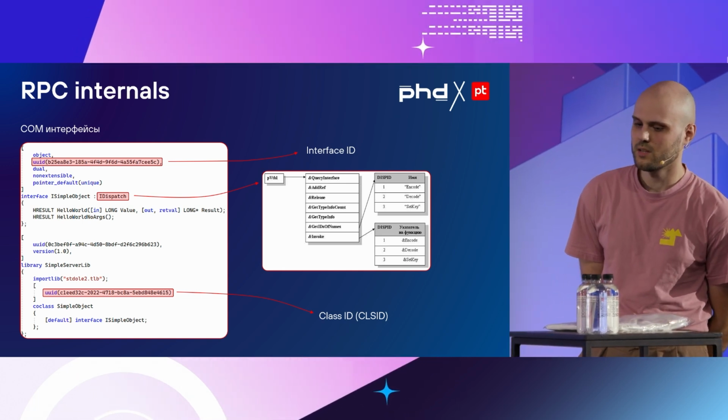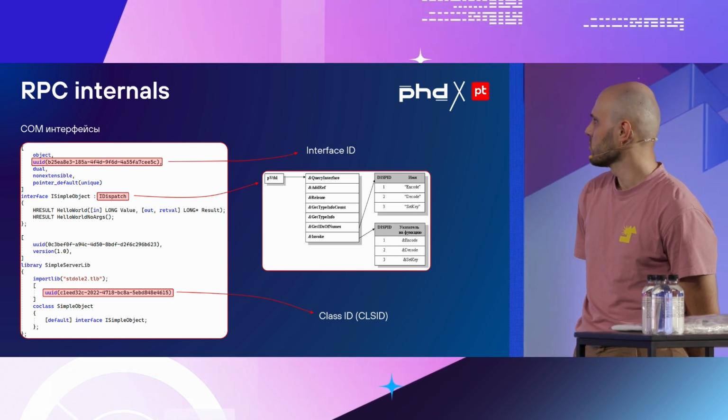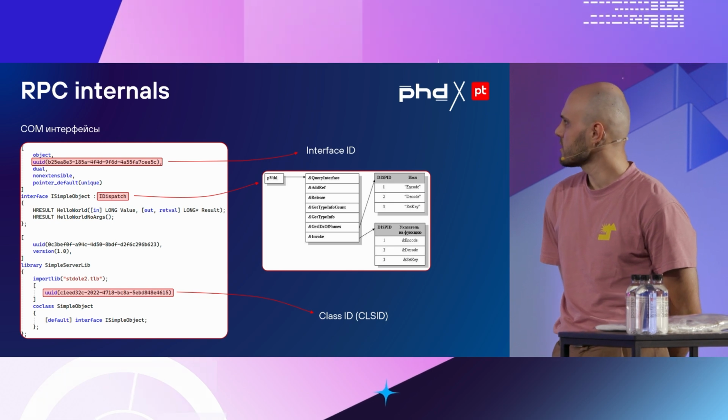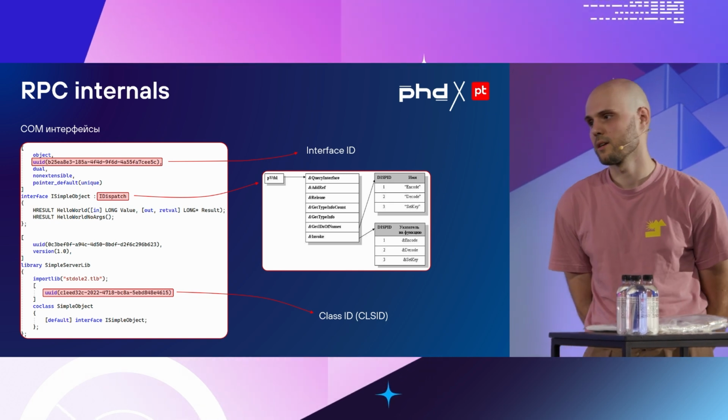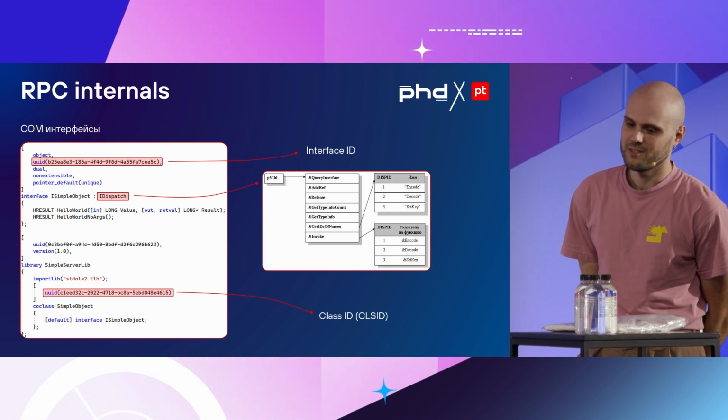So, for an interface to become a COM object, it needs to be inherited from IUnknown, and it implements three functions: query interface and the reference counter for this object.